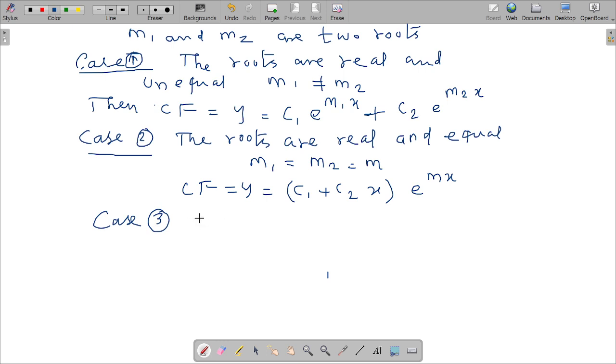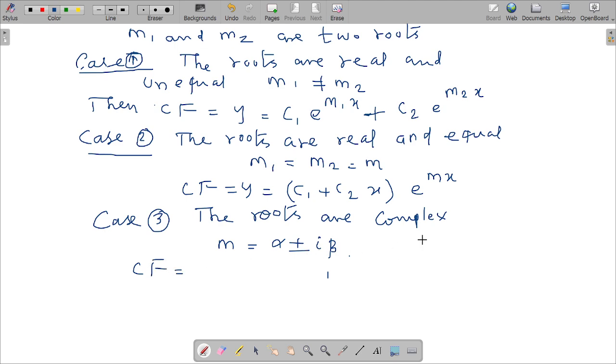Case 3. In case the roots are complex, that means it contains both a real and an imaginary part. So at that time m equal to alpha plus or minus i beta format, where alpha is the real part, beta is the imaginary part.